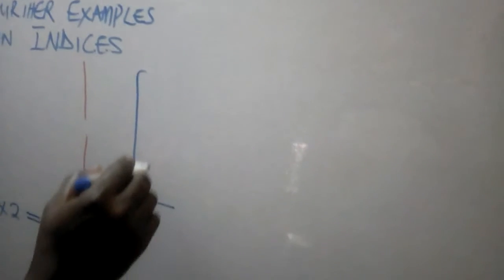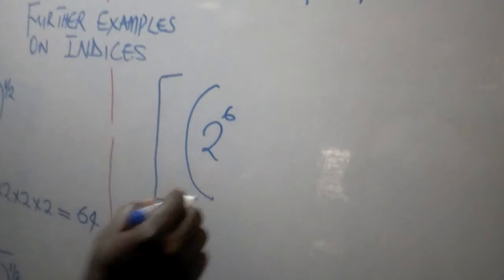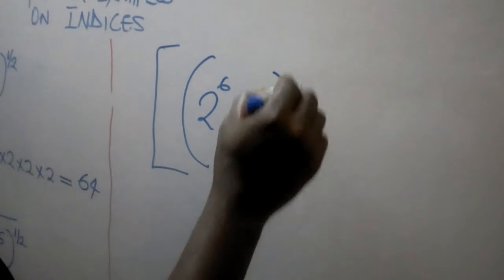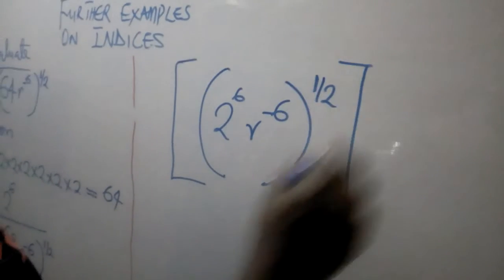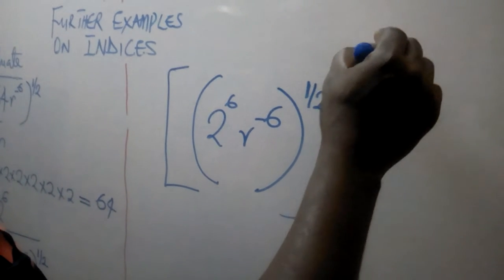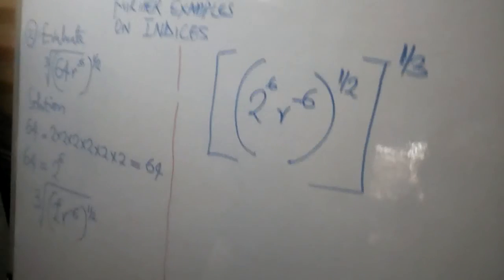This could be expressed further by saying 2 to the power of 6, to the power of minus 6, to the power of half, to the power of 1/3, because we have removed the cube root, so it becomes 1/3.